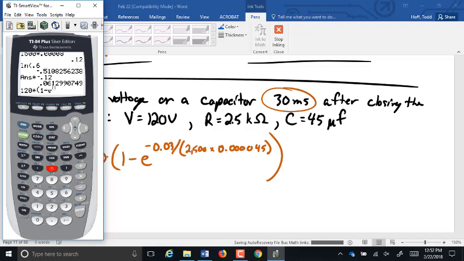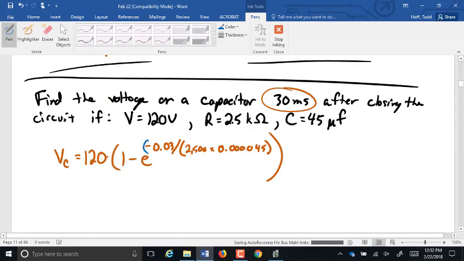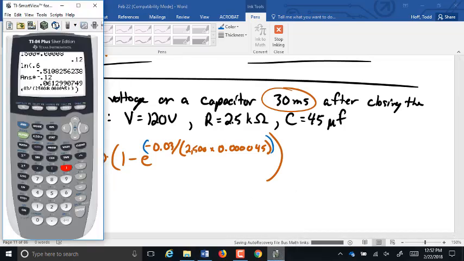Now in your calculators, you probably got to do parentheses negative 0.03 divided by another parentheses 2,500 times 0.000045, close parentheses, and then I got to close the bigger parentheses. So what I did is I had to add a set of parentheses around that whole exponent. So I do have to have two parentheses closing in my exponent and another one to close off the formula.